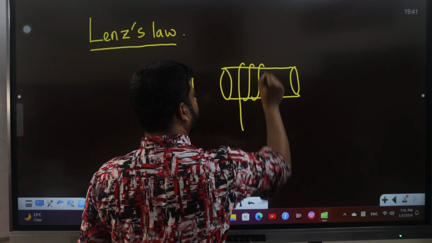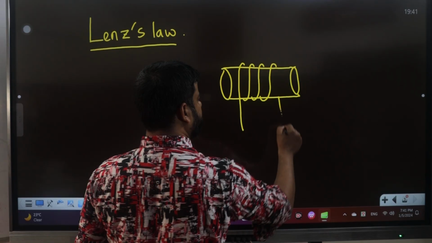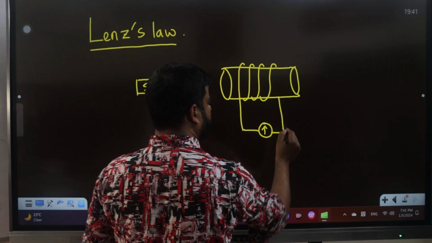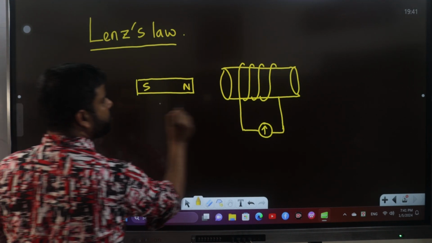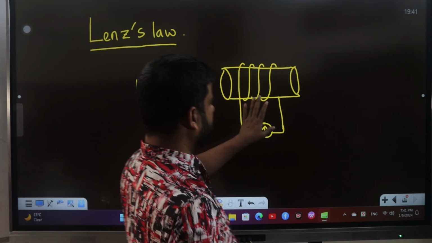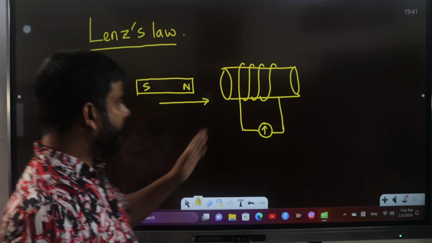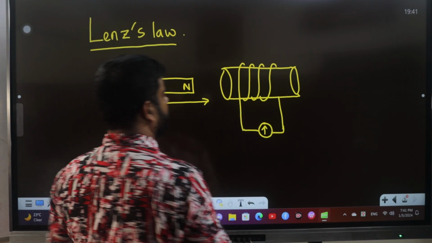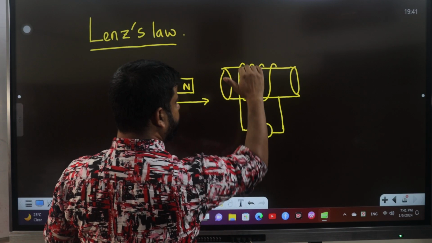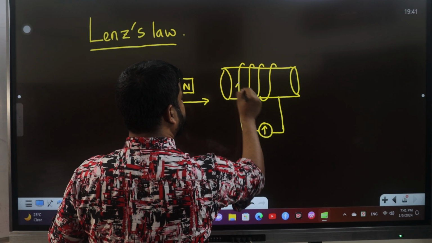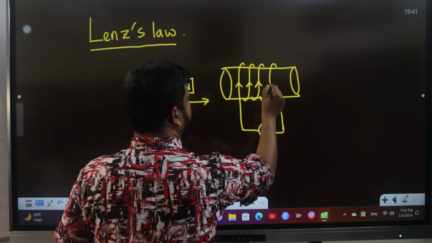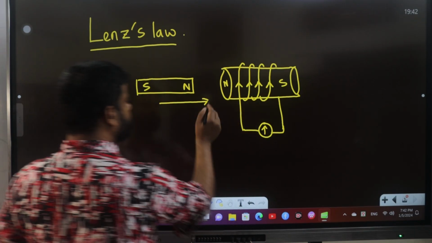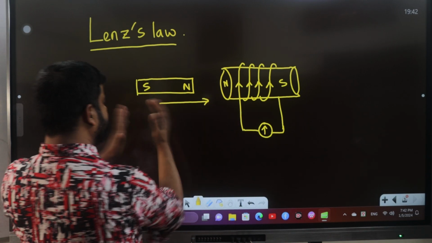The direction of the induced current will be in such a way that it opposes the cause which produces the induced current. The current flows in this way, and this portion will be north pole, and here it is south pole. So north poles repel each other.